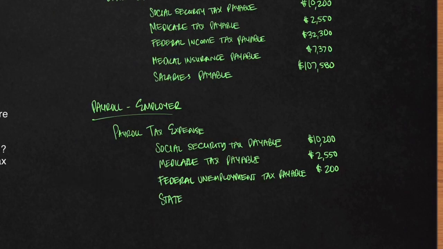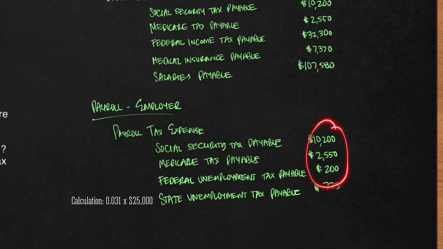Lastly, our last credit is to state unemployment tax payable. This is also limited to a certain amount. Our calculation here will give us $775. Now you have all your credits.